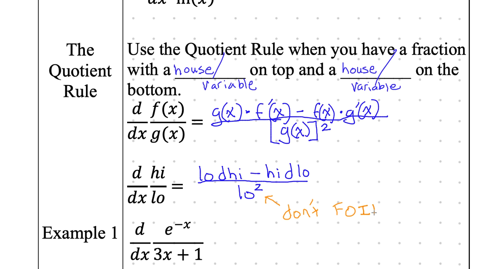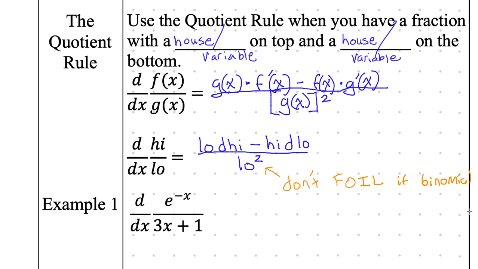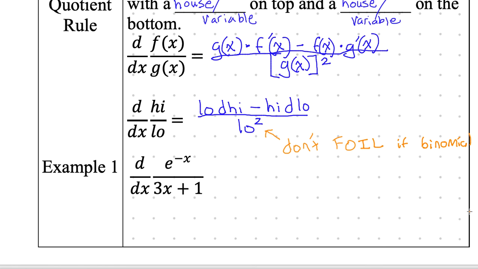Yeah, I'll just say don't FOIL if binomial. If it's just a monomial, if it's just like 3x and it's squared, yeah, okay, that's 9x squared, that's fine. But if it's a binomial, just leave it, because you're never really going to have to multiply it out in AP calculus. You might at the college level, though.